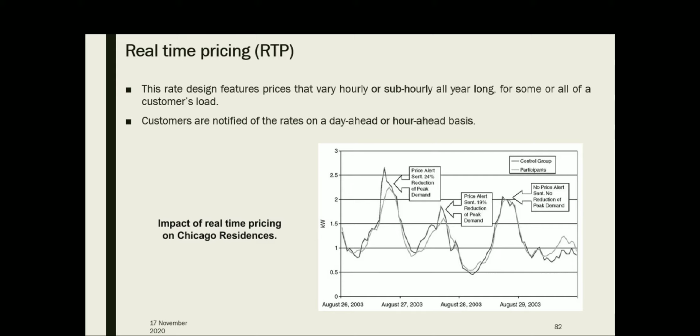So for that an advanced technology to communicate is required. Advanced metering infrastructure is important in order to implement real-time pricing. And so the retail electricity market may find it difficult to practice this type of pricing because a high rate of data collection and transfer is required.